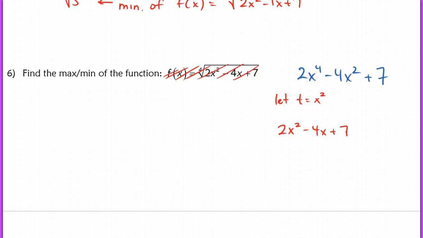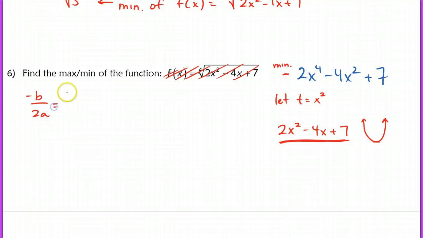And then I say, since this is a parabola that opens up, this function will have a minimum value, just because this function also has a minimum value. Then I try to find that minimum by first figuring out where that minimum occurs in this quadratic. That minimum occurs at negative b over 2a. So I plug it in according to my function, and I get a minimum value that occurs at x equals 1.